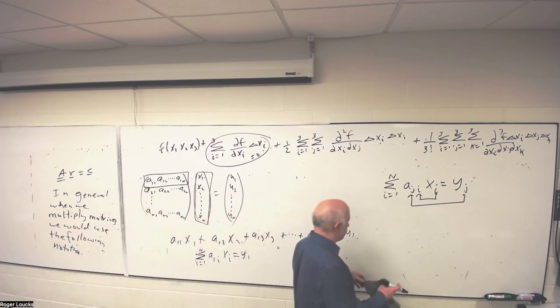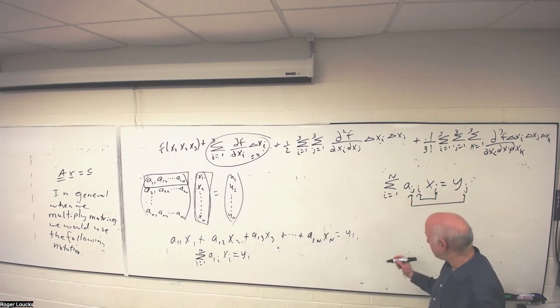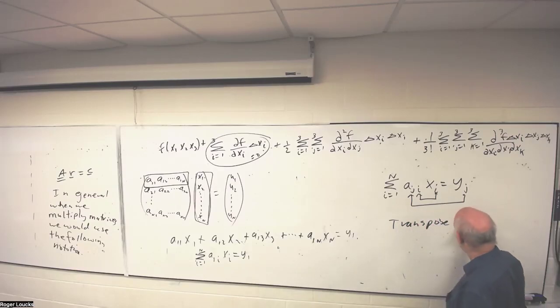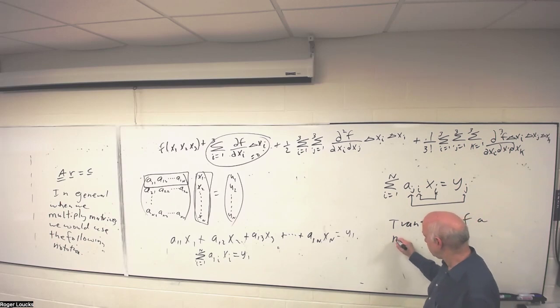Now we need one more thing here. So this is the other thing. If I have a vector like this, I want to talk about a transpose of a matrix.